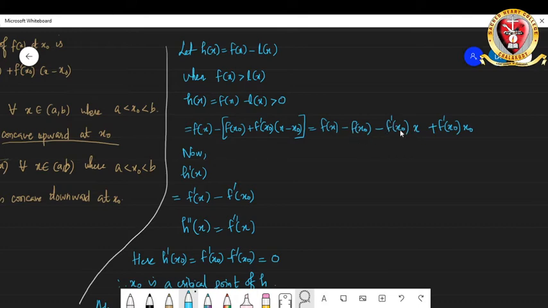Here f dash of x naught is a constant, but x is the variable, so you can take the constant to the left, and then that is d by dx of minus f dash of x naught into x, which will be equal to minus f dash of x naught into d by dx of x, which is equal to minus f dash of x naught into 1.